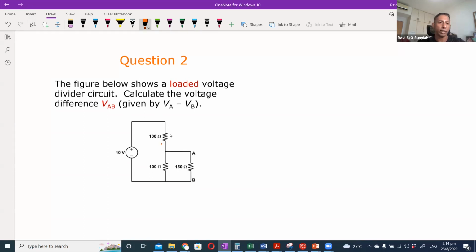When the current comes here, at this point it will split. As long as the current splits between two or more branches, those branches are considered parallel. So since I split into 100 and 150, this is equivalent to drawing 10 volts, a 100 ohm, and 100 parallel 150, which equals 60 ohms.